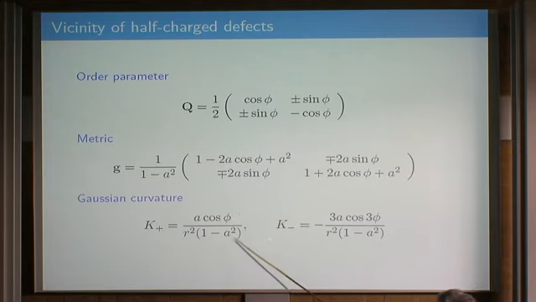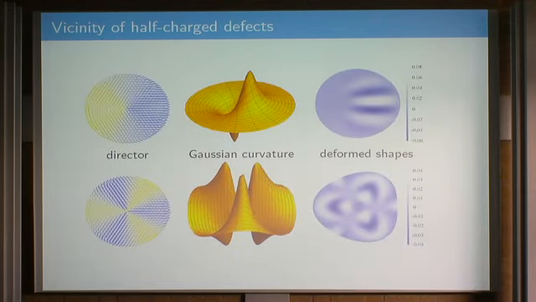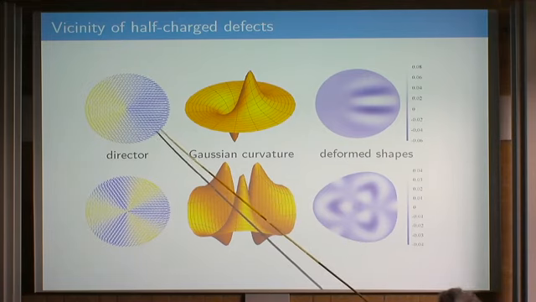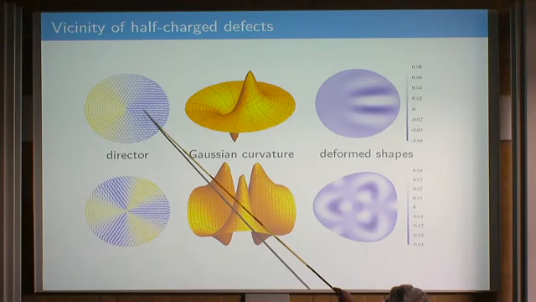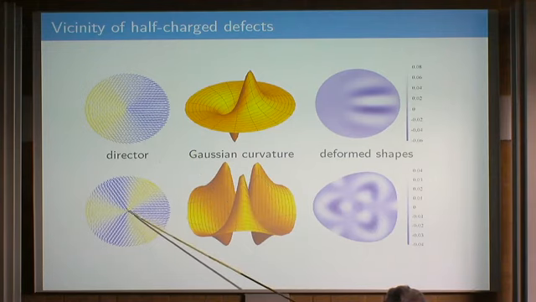With the metric, we can obtain the Gaussian curvature. But we cannot obtain the actual shape analytically in this way. There is no symmetry here. And so to obtain the actual shape, we need a numerical computation. And here it is. So here is the director field. This is +1, and this is +1/2, and this is -1/2.